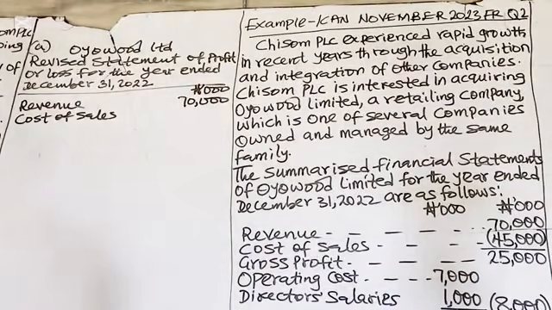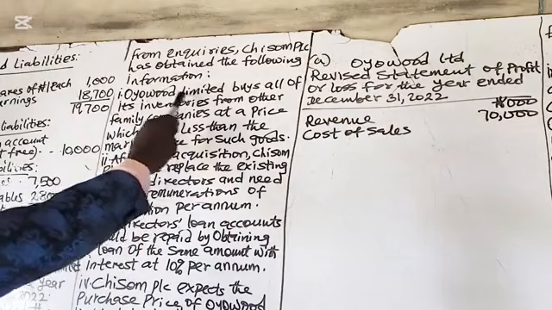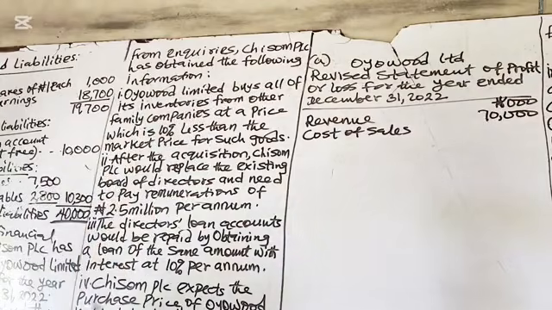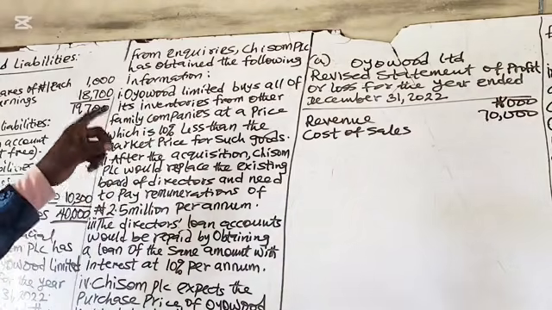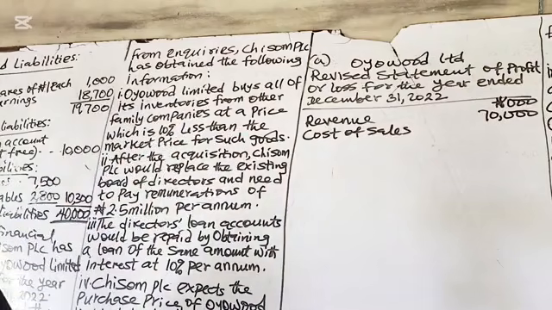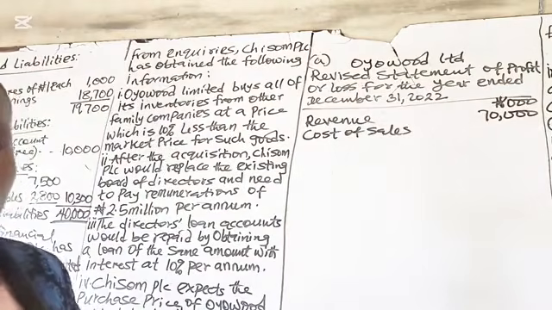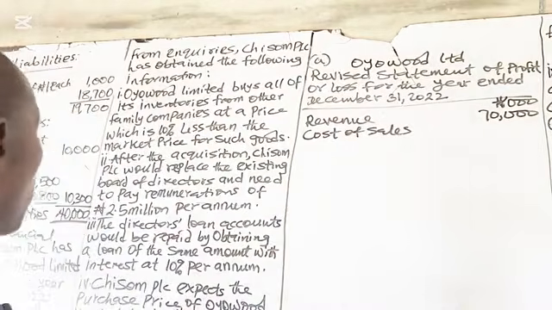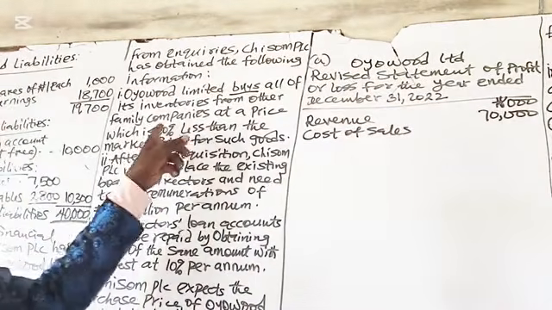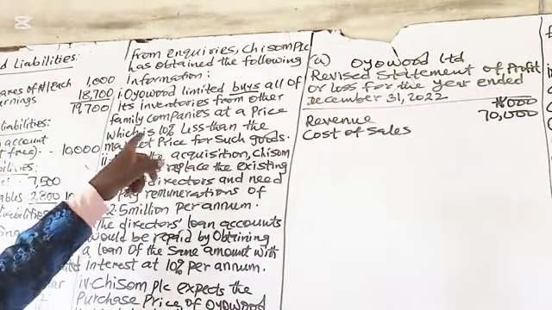If you go back to additional information number 1, you were told that Oyowood Limited buys all of its inventory from other family companies at a price which is 10% less than the market price for such goods. Remember, the inventories are the item purchased. In fact, the word buys is used. That means the purchases were 10% less than the market price.